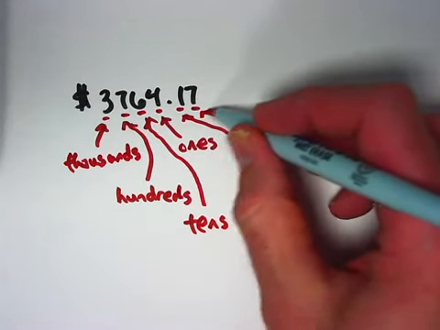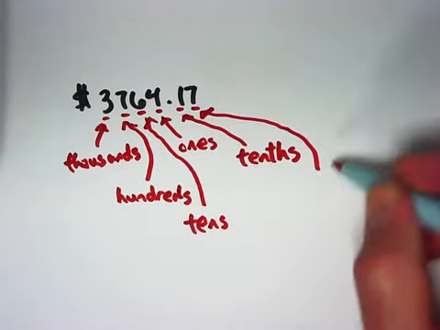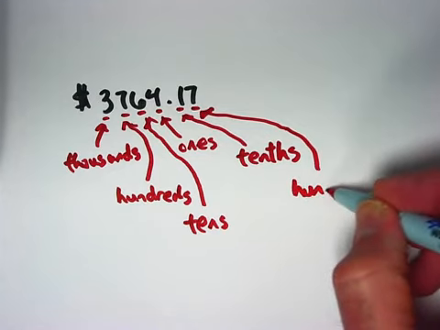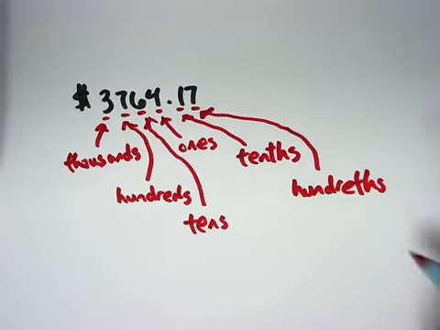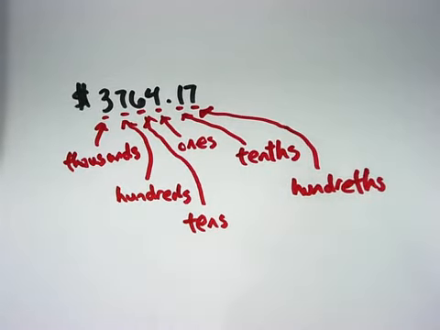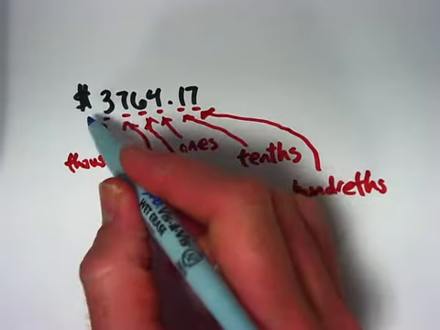And the next digit there is in the hundredths spot. I don't know if I'm spelling this right. Hundredth spot. I think that's right. Okay. Why do we give it those names? Well, because of what this number really means. Again, well, here's what it means.